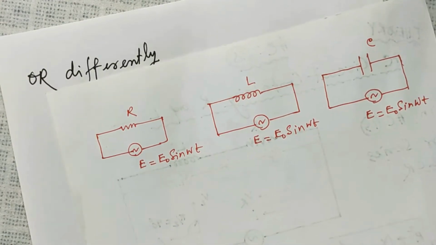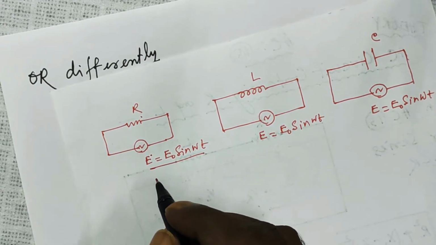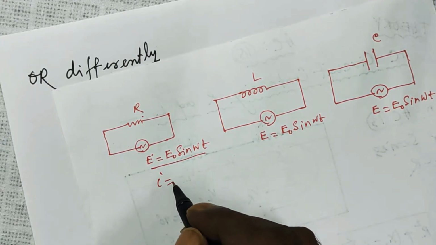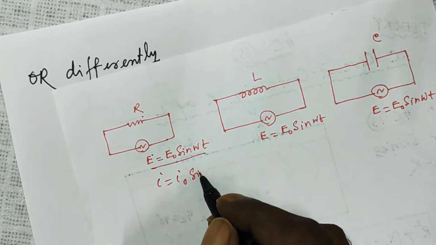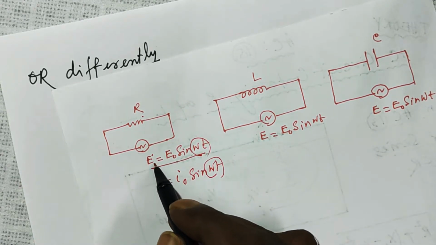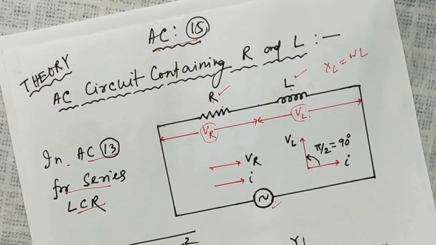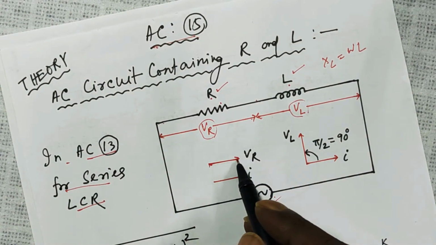For only a resistor with alternating EMF, our current had come out to be I equal to I naught sin omega t. Voltage and current are in phase. The voltage across the resistor and the current are in phase.